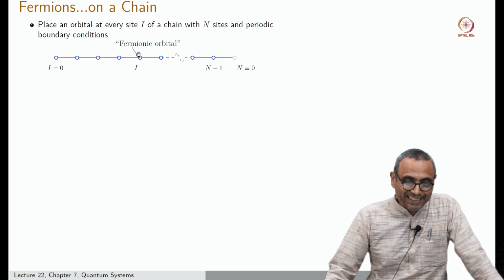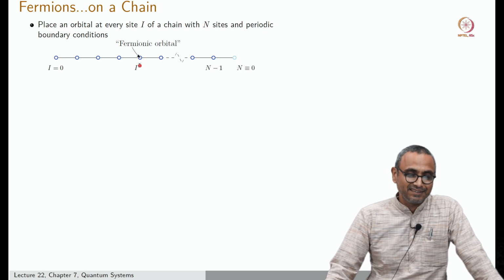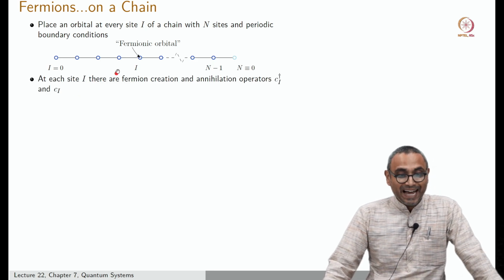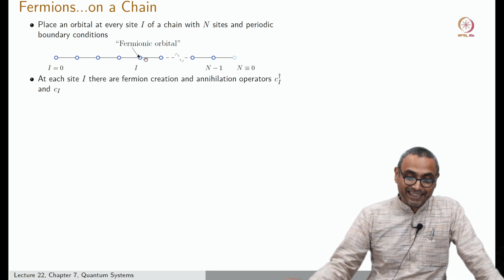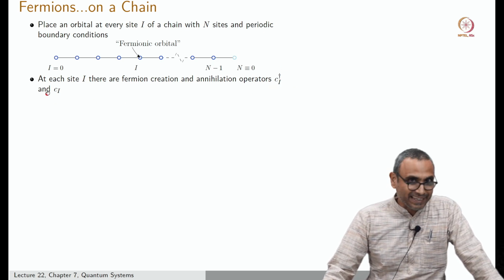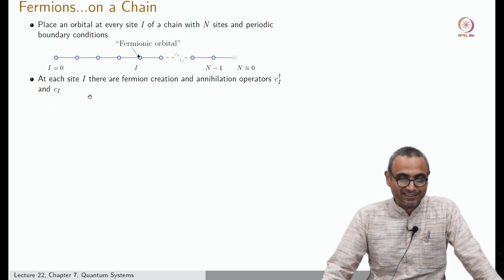And so here at every place I have placed some fermionic orbital. Now at each site I can create one fermion, and if there is a fermion there, I can annihilate it. So I define operators C dagger i and C i.